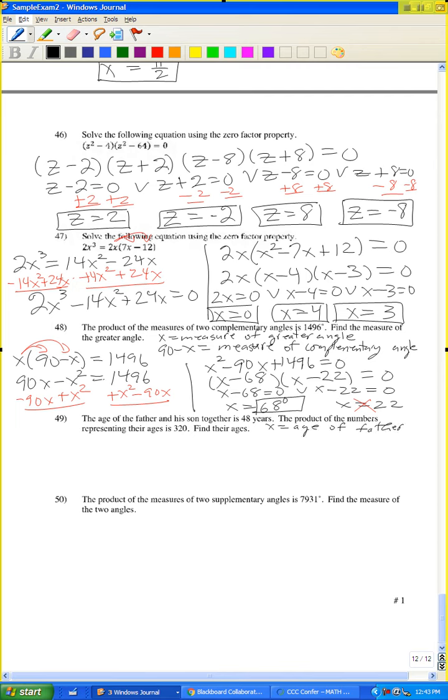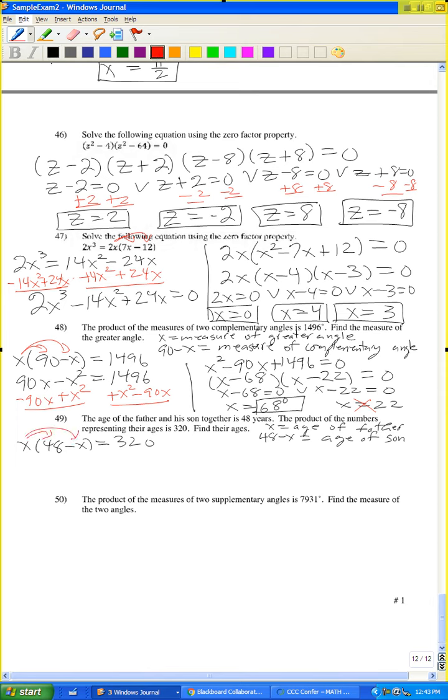The sum of their ages is 48, so 48 minus X is the age of the son. The product is 320. Multiply X inside.